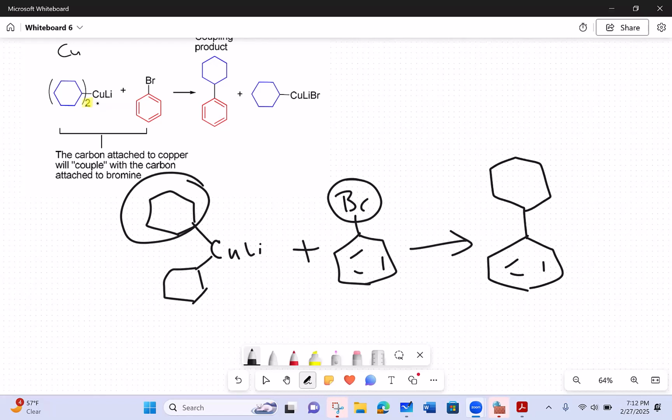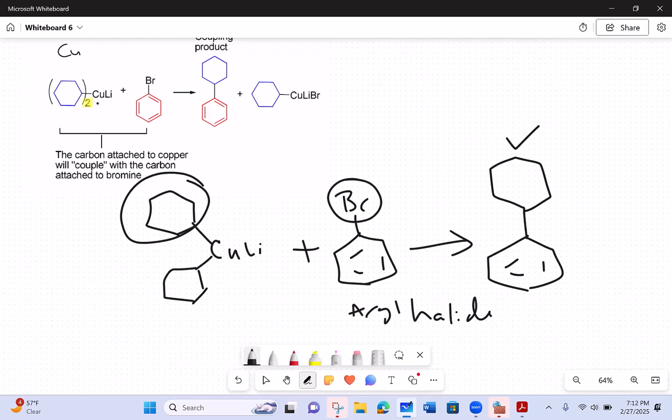And then when you react that with an aryl halide, which is what this is, it can be an alkyl halide, it can be a vinyl halide, it doesn't matter. Only one of those groups is going to couple with that aromatic ring. So that's how I get the product that's shown right here.